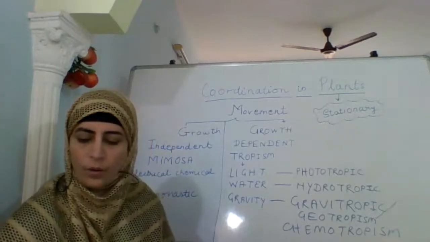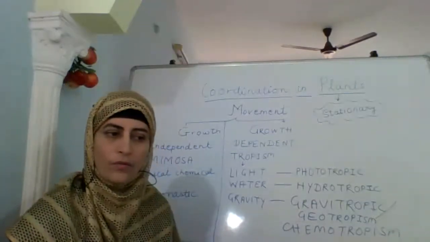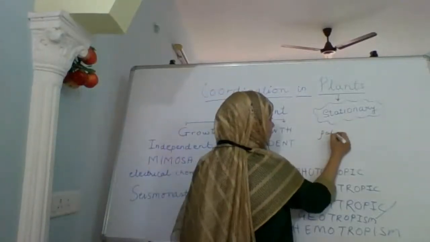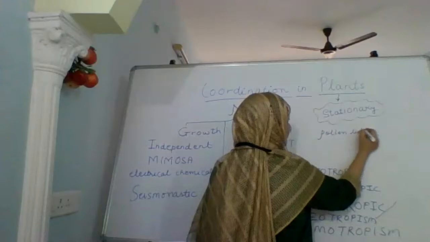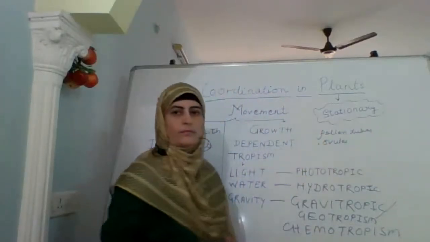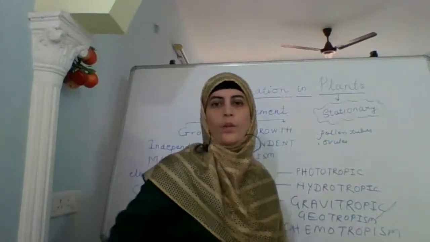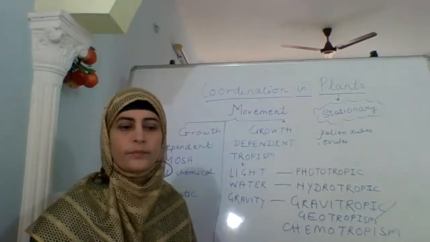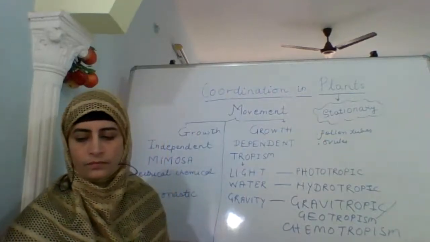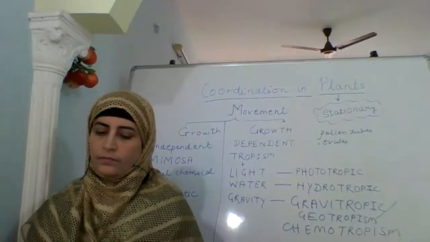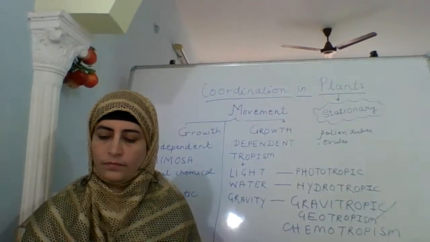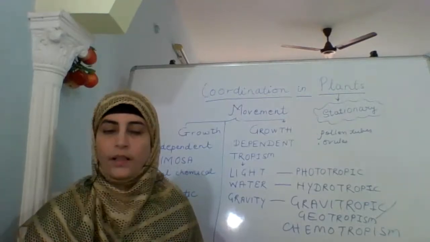Example: the growth of pollen tubes towards the ovules.